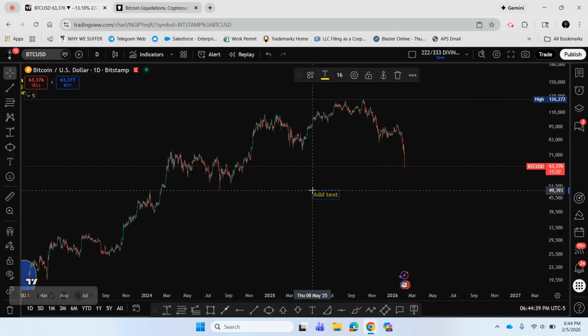So let's do this. Shorted 5 Bitcoins at 100K. That immediately gives me 500K.